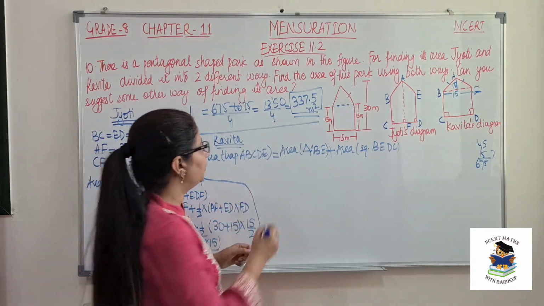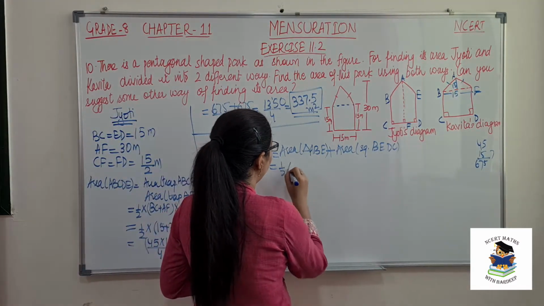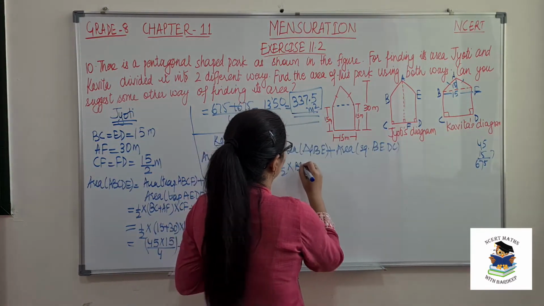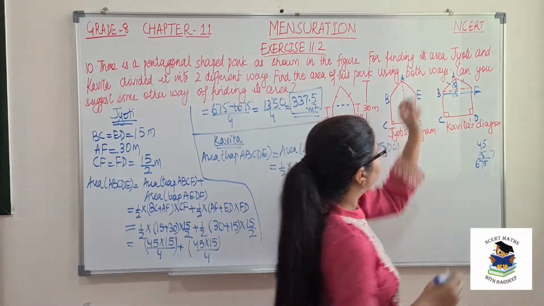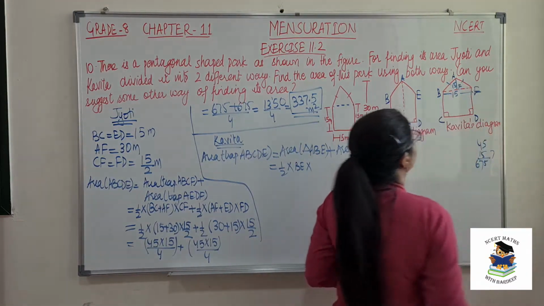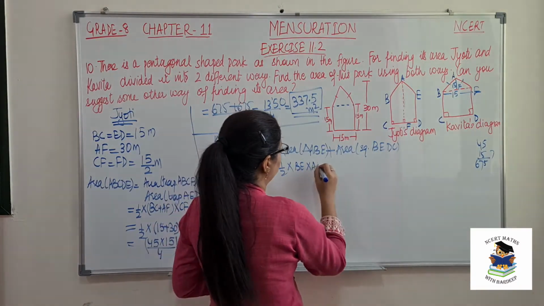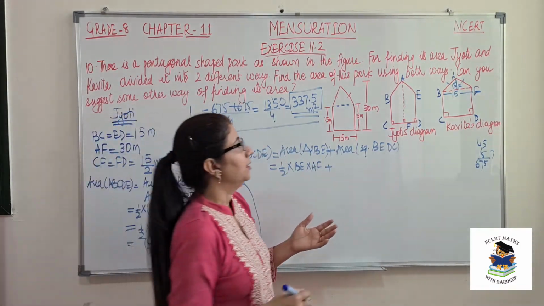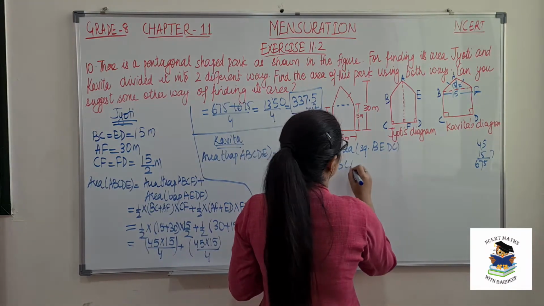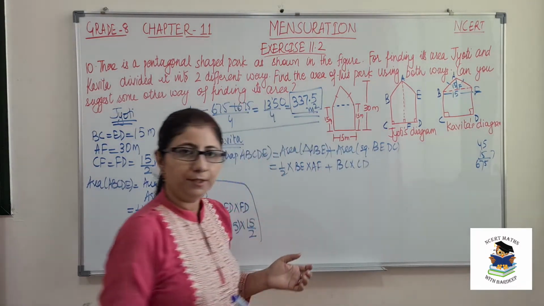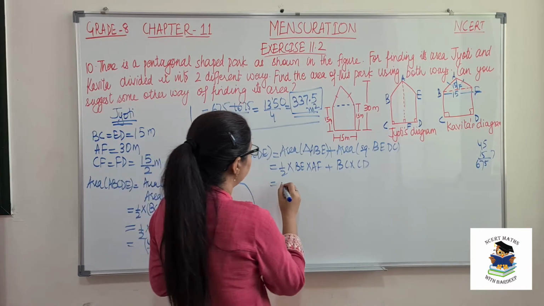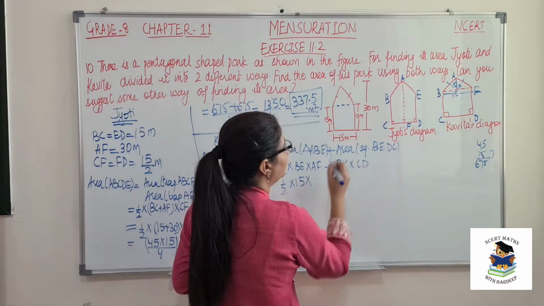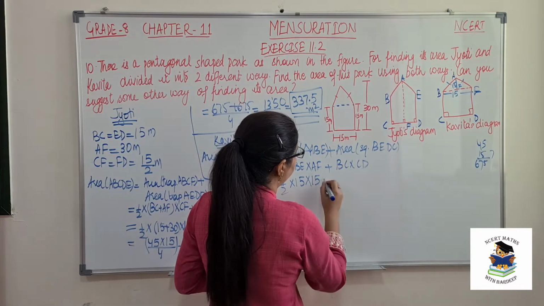So now what is the area of triangle ABE? This is half into base. So base is BE, that is 15, multiplied by the perpendicular distance, let it be F. This is AF. And what is the area of square? Side into side. So any side you can write, that is BC into CD. So let's put the values. This is half into BE is 15, AF is 15.